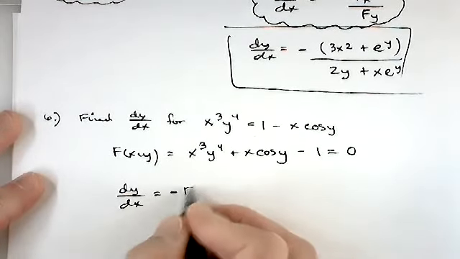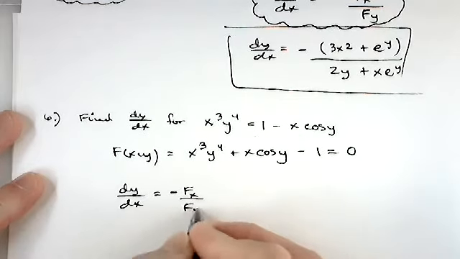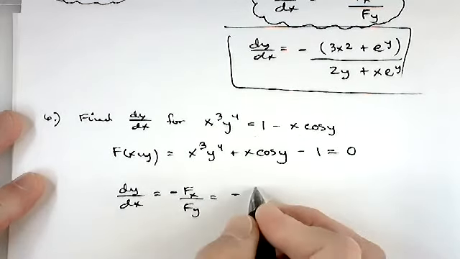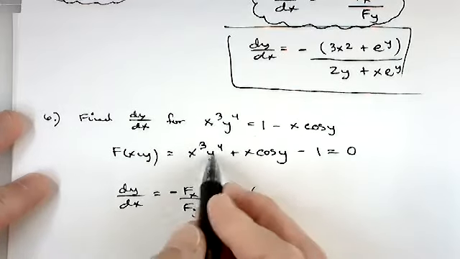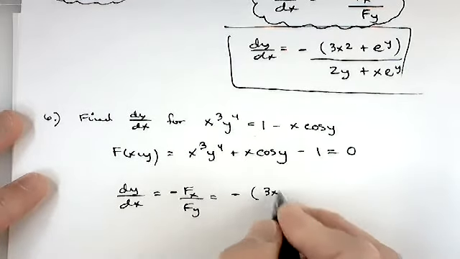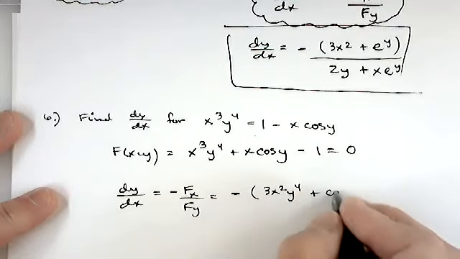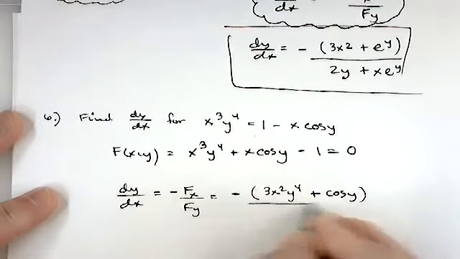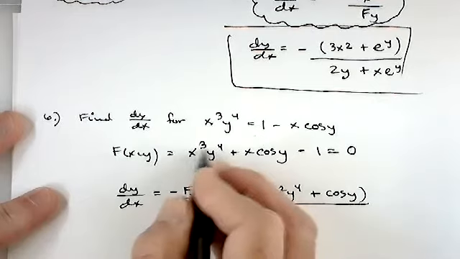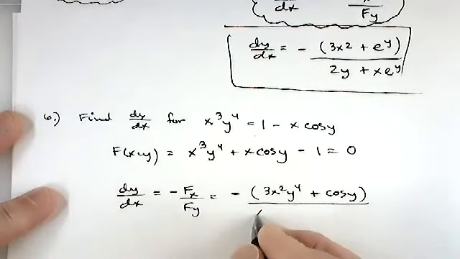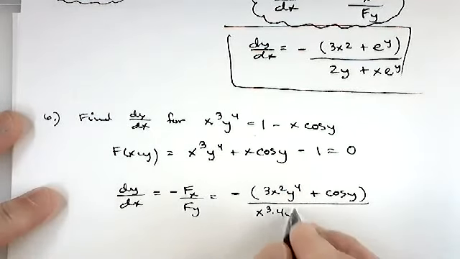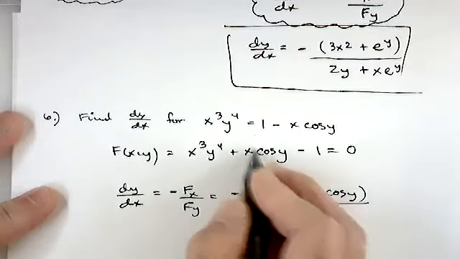So it's just negative F sub x over F sub y. We can compute this really easily. If y is constant, this is going to be 3x squared y to the 4th. Derivative of this one with respect to x would be cosine y. Partial derivative of the bottom of this with respect to y is x cubed times 4y cubed. x stays there.